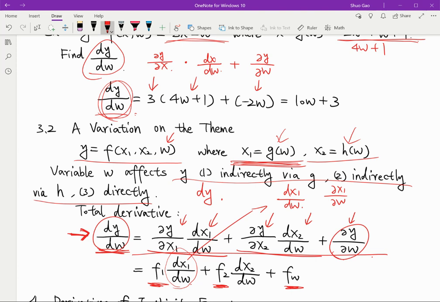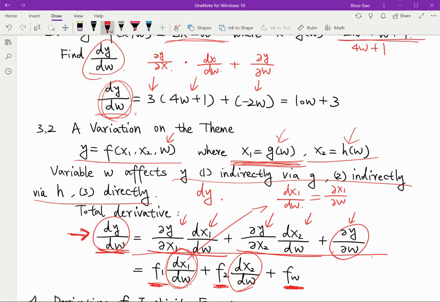So that's why the partial derivative of x1 with respect to w is just the same as the total derivative. So we can write dx1 over dw here because x1 is just a function of only w. And again, x2 is a function of w, and there's only one variable, which is w. So we use dx2 over dw here.